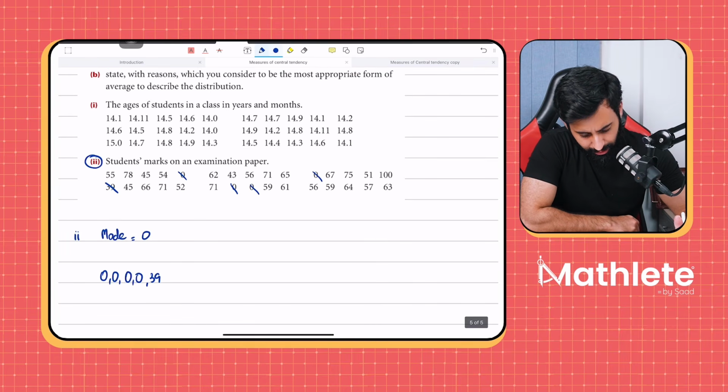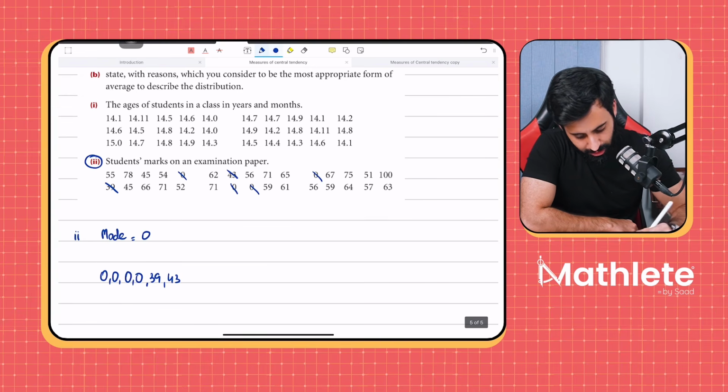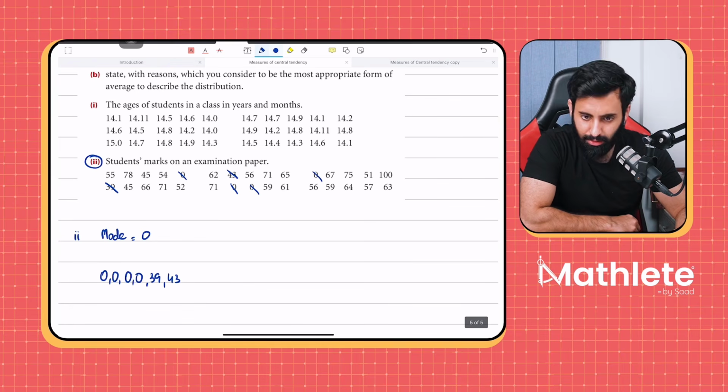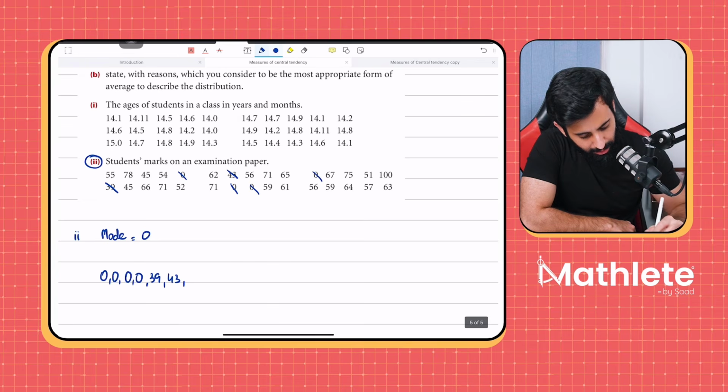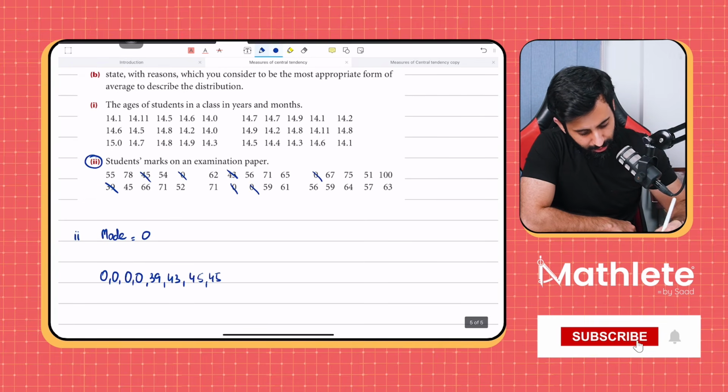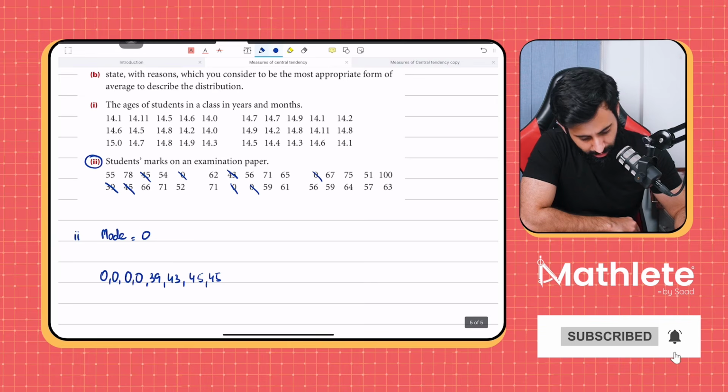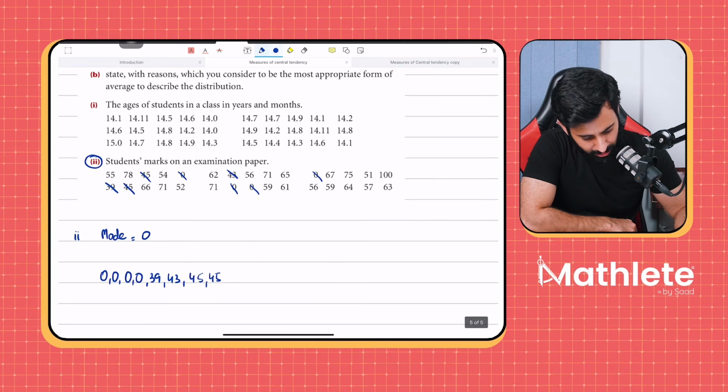Then after 39, what's the next smallest value? I think it's 43. Yeah, so it's 43, which occurs I think just once. And then after 43, we have 45. So we have 45 once, 45 twice, and I think that's it.